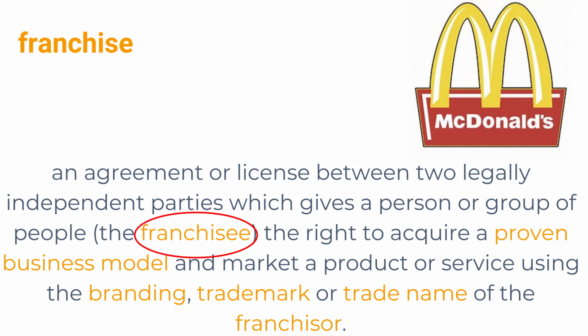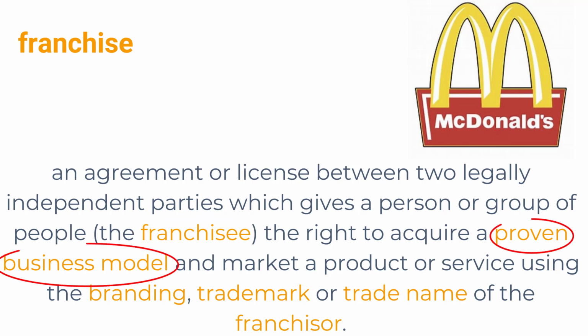So what a franchisee does, the franchisee has a restaurant, but rather than trying to establish their own branding from the start, they take this proven business model from a company like McDonald's and they pay a sum of money in order to be able to use the McDonald's branding and products.